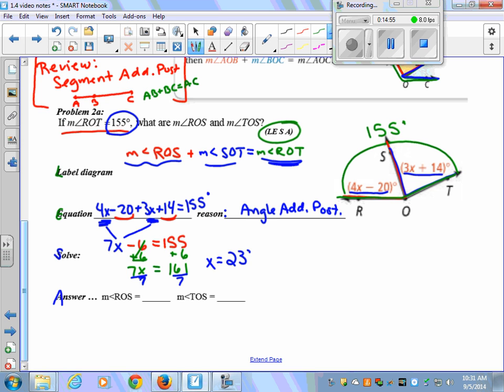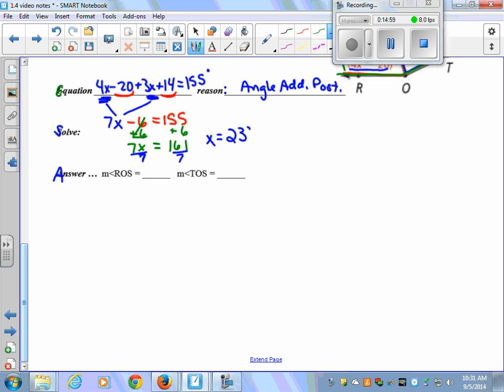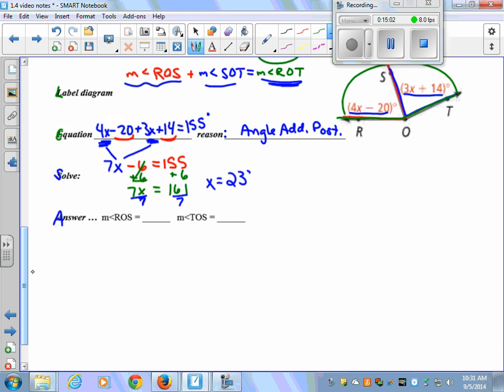Remember A, LISA, A, answer. We have to answer the question that was asked, and that is, what is the measure of angle ROS? Well, ROS is 4x minus 20, and SOT is 3x plus 14. Since we now know that x is 23, we're going to plug that in here and here.